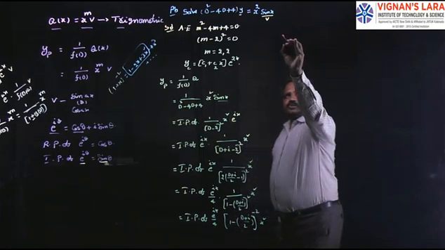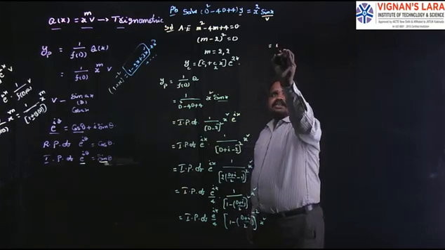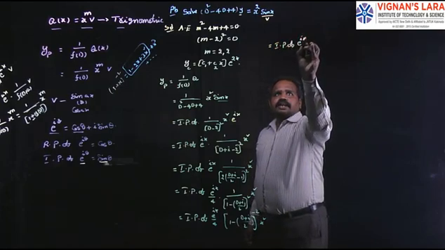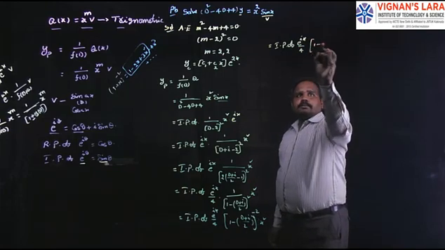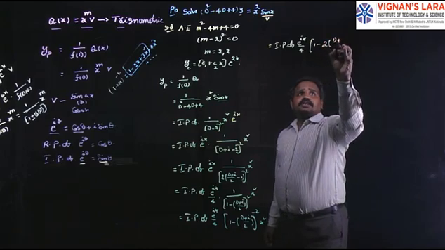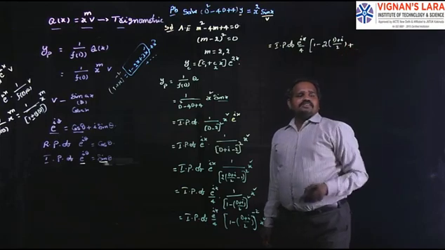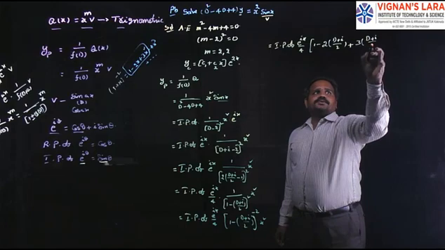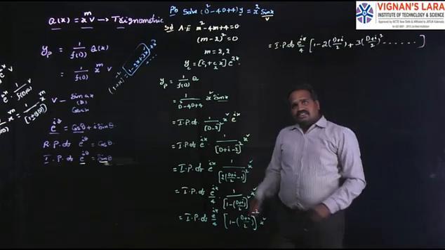So this is equal to the imaginary part of e power ix by 4 into 1 minus 2 into x value d plus i by 2 plus 3x square, meaning d plus i by 2 whole square, and so on.